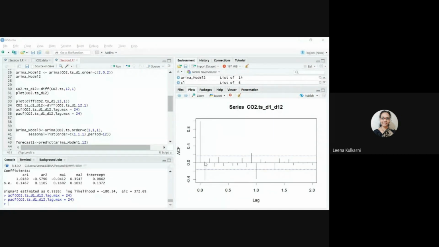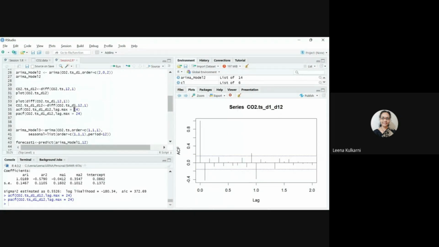Even after making the series stationary, there is still dependence of yt on yt minus 1 and yt minus 12. So the dependence on yt minus 1 suggests the value of p to be taken as 1, and dependence on yt minus 12 suggests the value of P.